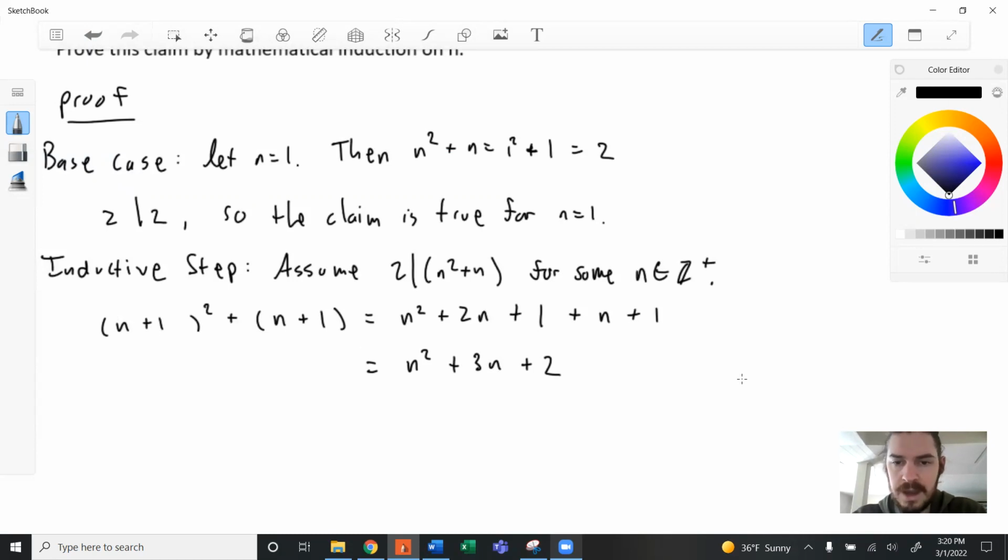But what I've done actually isn't quite what I want to do, because what we had assumed is that 2 divides n squared plus n, right? So what I want to do is find n squared plus n embedded somehow in our n plus 1 case. So actually, I combined terms here into 3n, but I'm going to separate that back out into 2 parts.